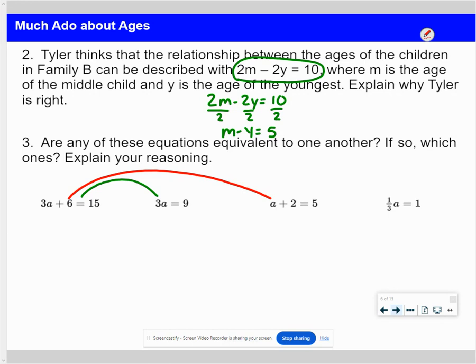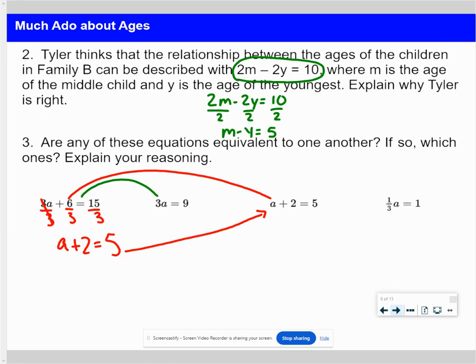Well, I see that in the first one it's 3a, and 6, and 15. If I would divide everything here by 3, everything gets divided, I would get 1a plus 6 divided by 3 is 2 equals 5. And that's that equation right there.